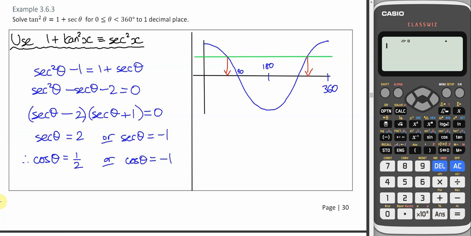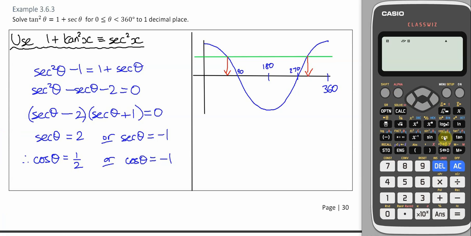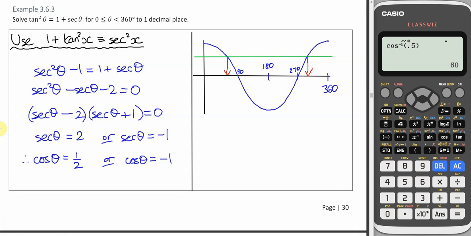So there'll be one solution between 0 and 90, and there'll be another solution between 270 and 360. If we do inverse cos of a half on the calculator, or you might know this one, it's one of the common ones. Inverse cos of a half is 60 degrees. So that is 60 degrees.